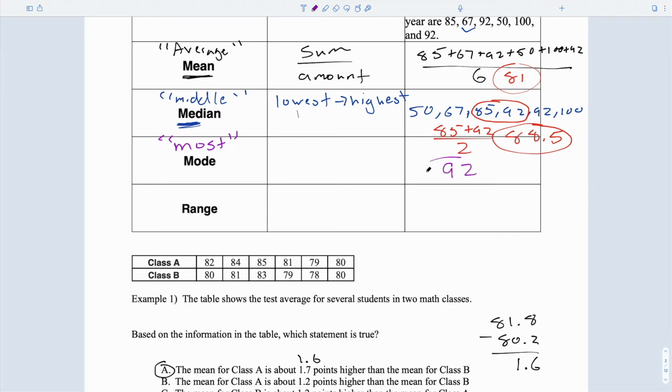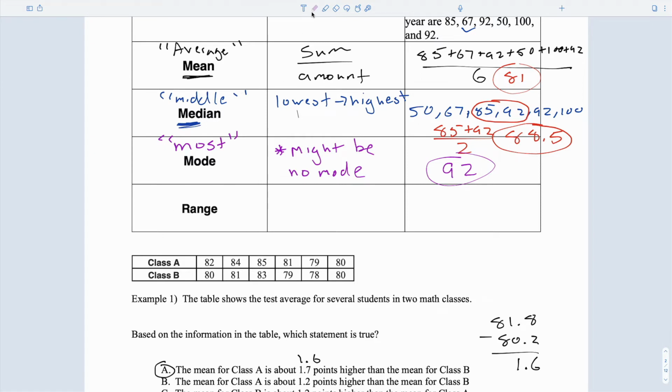That's it. There is a possibility that you might get no mode. If all the numbers just appear one time, there's no mode, because nothing happens more than once. If two numbers each appear twice, there's also no mode, because there's not one that appears the most.